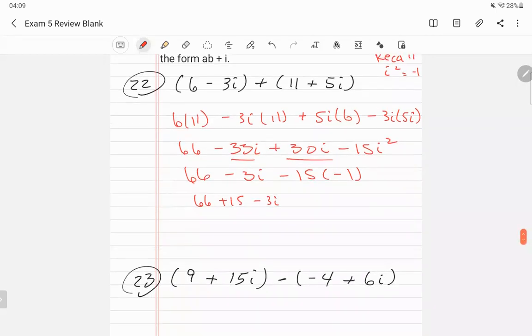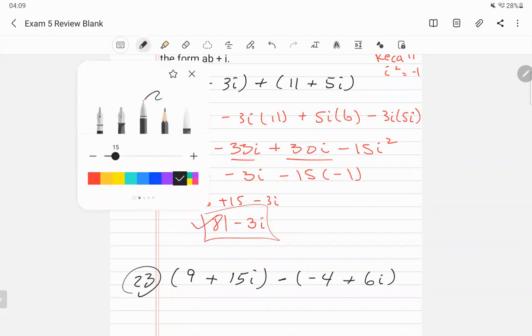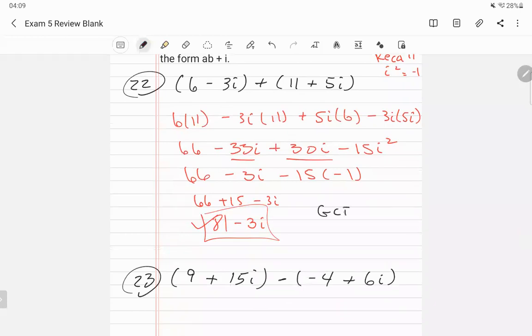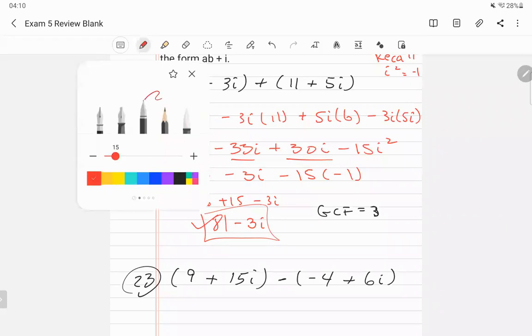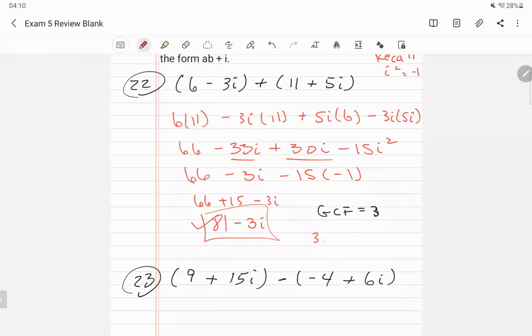So that gives us 81 minus 3i, which is the conventional answer, but you can also see that there's a GCF of 3. So if you see that and you want to go further, you would just pull it out and you would get 27 minus i. I'll accept either, but this is convention.